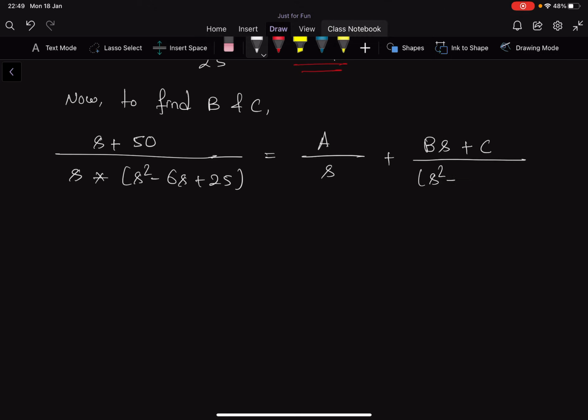We are going to use this on our right-hand side, so our right-hand side is absolutely fine. We don't need to do anything there; we're just going to repeat the same thing.